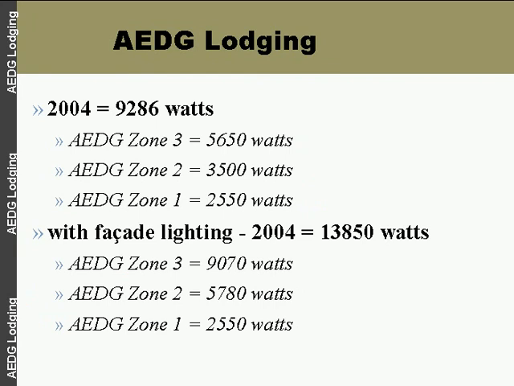And here's just showing you how much energy from an exterior standpoint you might save by doing that. So the 2004 standard on the model that we did, it was an actual plan of a hotel building with all the parking around it. If I were to use the 2004 standard, and you're asking, why not the 99 standard? Well, the 99 standard was extremely vague on exterior lighting, and there were very few requirements.